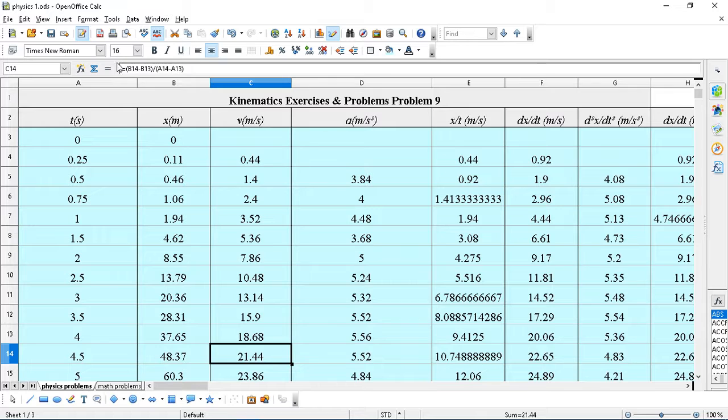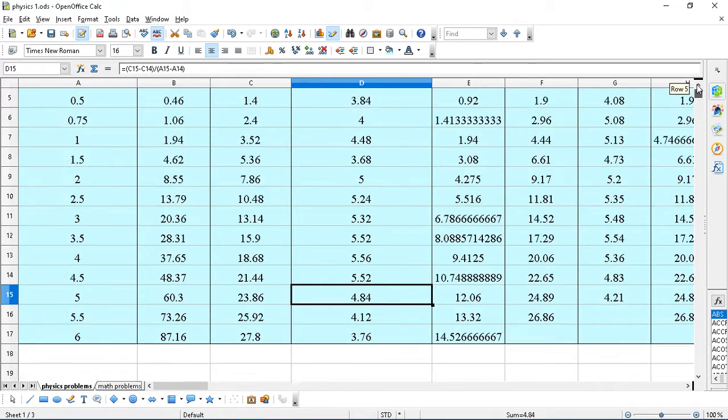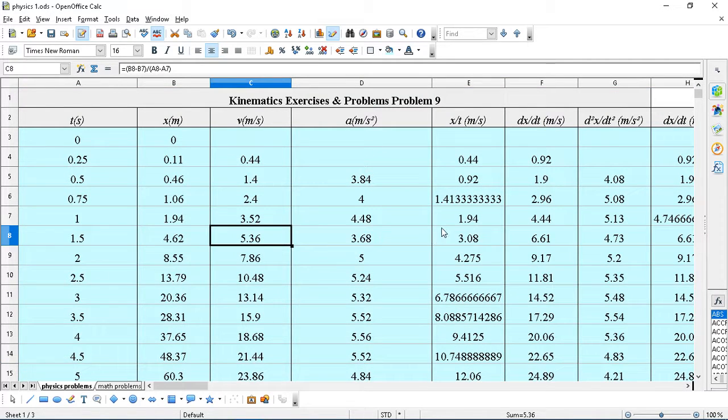Although the form of the formula is the same, you can see that the cell references change as you go down the respective column. Here you have the use of a constant, which is typed in as a specific number.